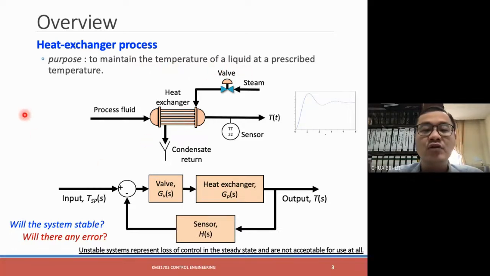Normally fluids flow from one process through another, just flowing through pipes, and throughout this pipe we would like to heat up the fluid by having a heat exchanger, which will use steam to heat up the fluid. So the fluid will go through and be heated up by this heat exchanger before it comes out at a higher temperature.